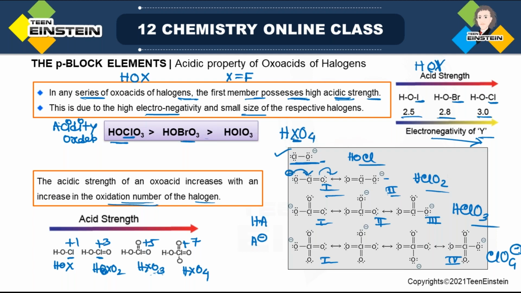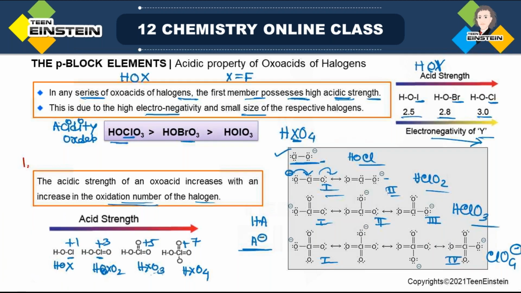And higher the number of resonance structures, higher is the stability of the conjugate base. So as the number of resonance structures increases, conjugate base A minus has more stability. So when the conjugate base is highly stable, the corresponding acid is also very, very acidic.